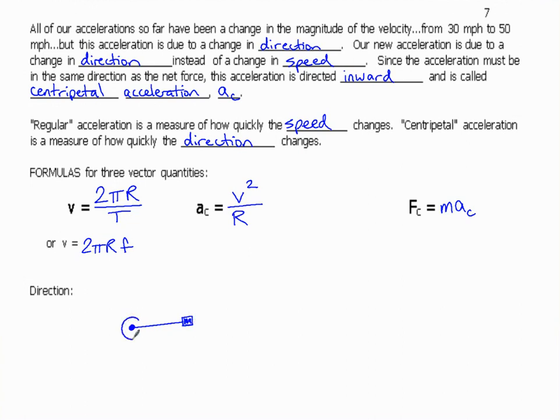I am spinning the string in this direction, which means that it's traveling in a circle like this, and the rubber stopper's velocity is in this direction. Now the speed is going to be the same, but the velocity is always changing because the direction is always changing. The velocity is tangent to the circle.